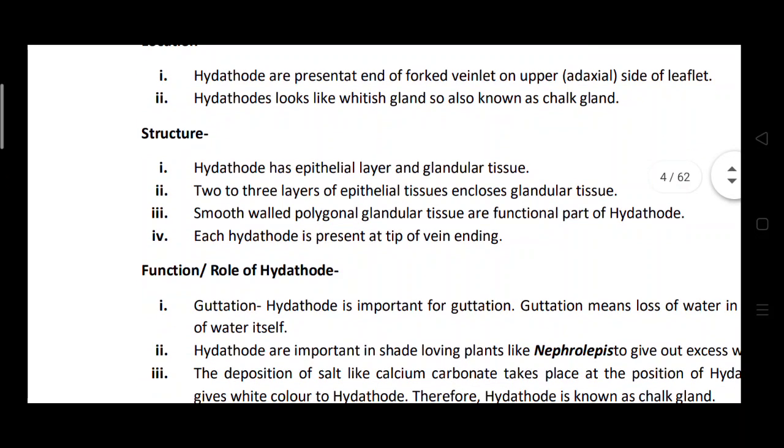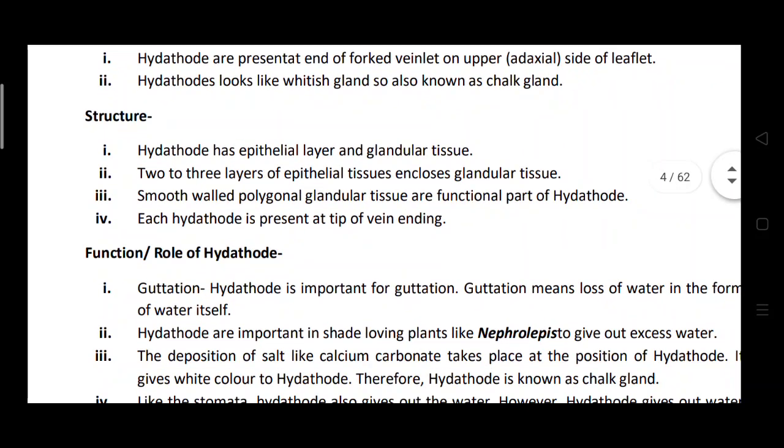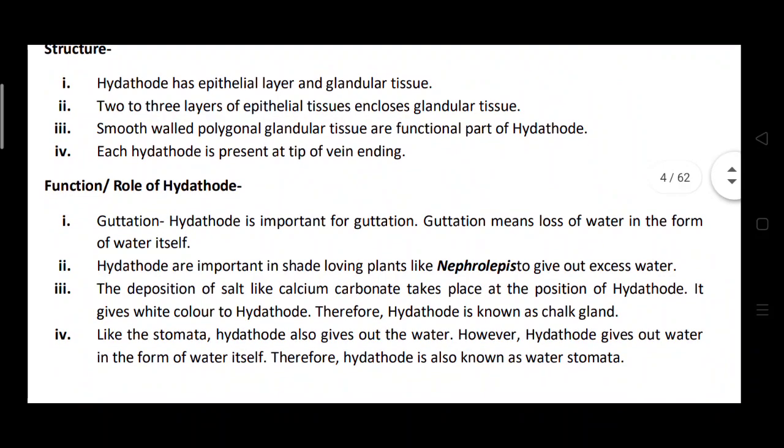So what is the function of the hydathode? The main function of the hydathode is guttation. Guttation is nothing but the loss of water in the form of water itself. So the main function of the hydathode is guttation. This hydathode is very important in shade loving plants like Nephrolepis, so they can give out the excess water.